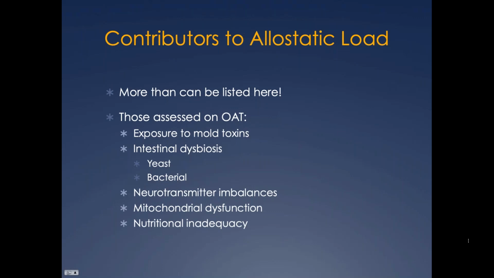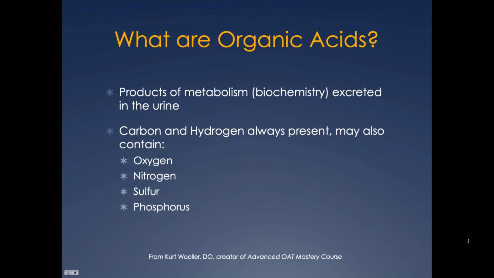But those that are specifically assessed on the OAT, for example, would be exposure to mold toxins environmentally, intestinal dysbiosis, something that we spoke about extensively last week on the comprehensive stool analysis. That could be because of yeast, or it could be because of bacteria. Others, neurotransmitter imbalances, mitochondrial dysfunction, and nutritional inadequacy.